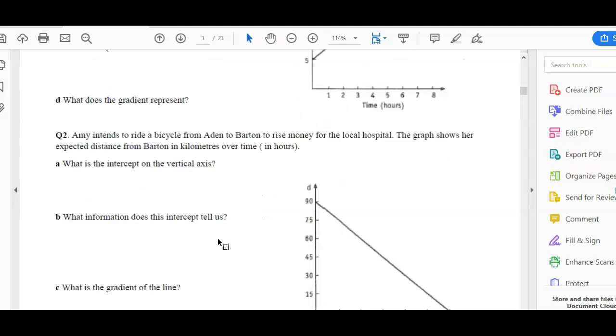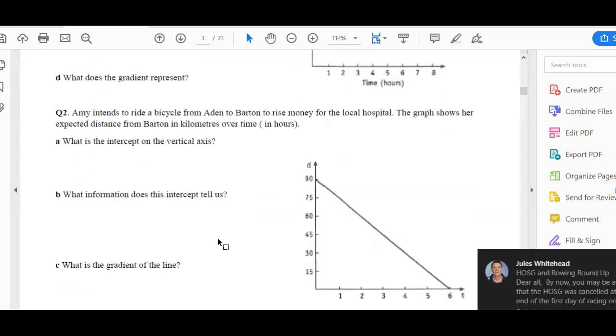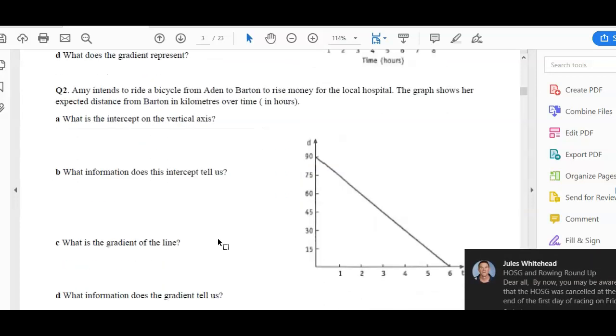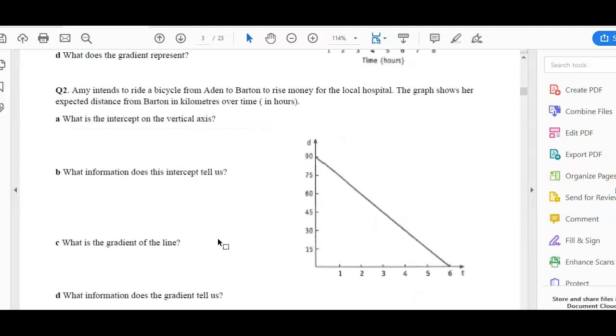The next one, Amy intends to ride a bicycle from Aden to Barton to raise money for the local hospital. The graph shows her expected distance from Barton in kilometres over time. What is the intercept on the vertical axis? So it's 90. What information does this tell us?